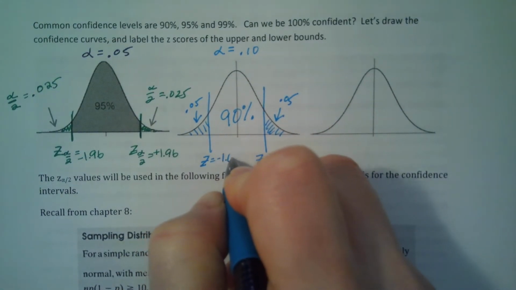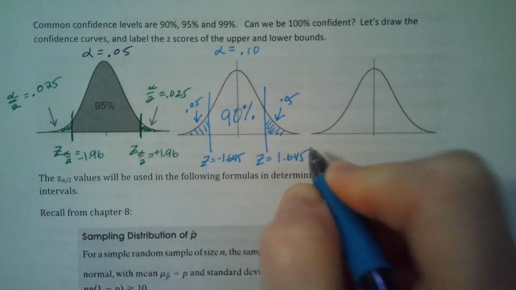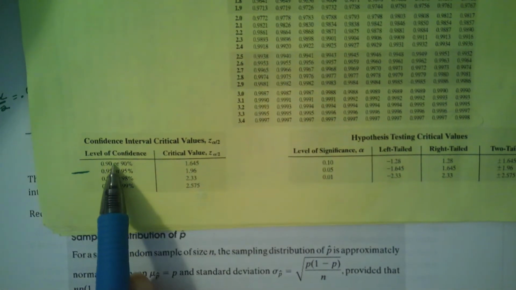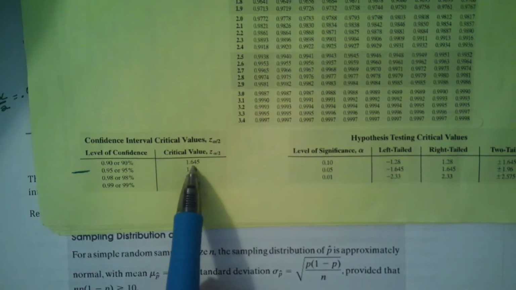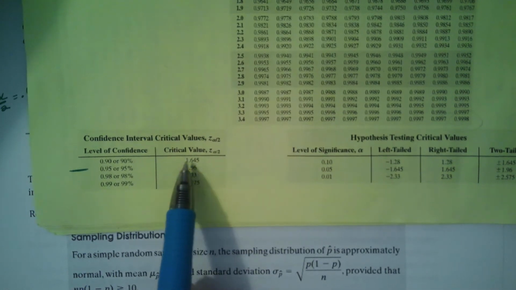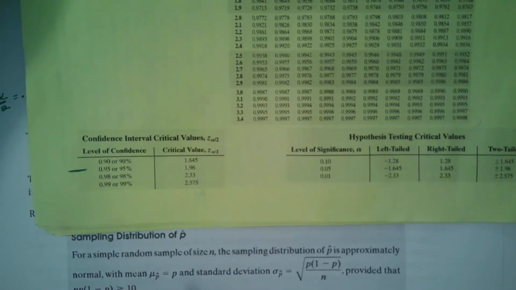Negative 1.6, it's actually 4.5. And again, those values were listed at the bottom also. Look, for 90% confidence, we have a critical z-score of 1.645. And obviously that's a negative and a positive. You're going to have a negative on the left side and a positive on the right side.